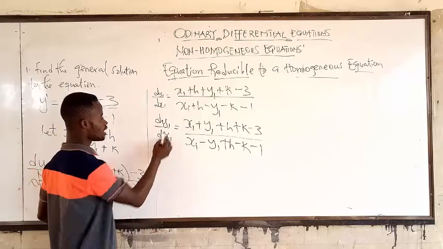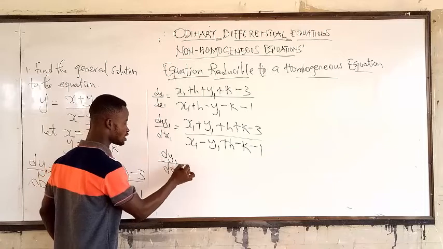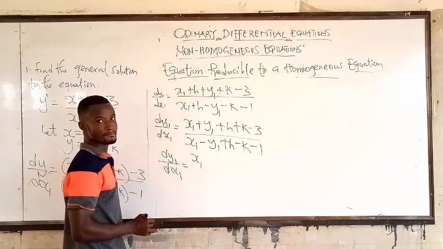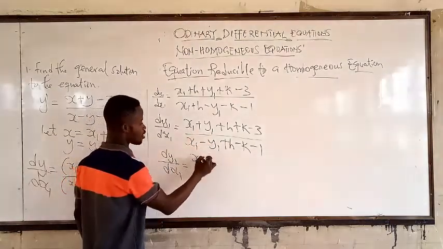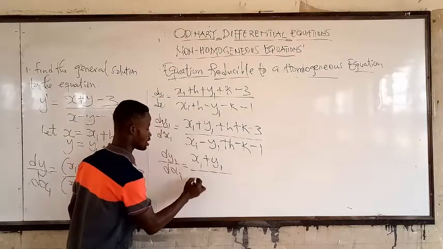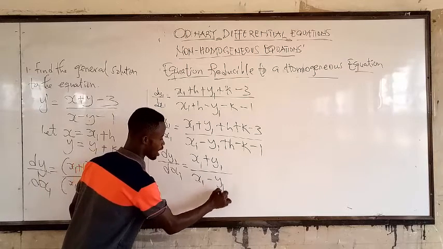So here dy1 over ds1 is going to be equal to this. Hope you can see that. Plus y1 over s1 minus y1.